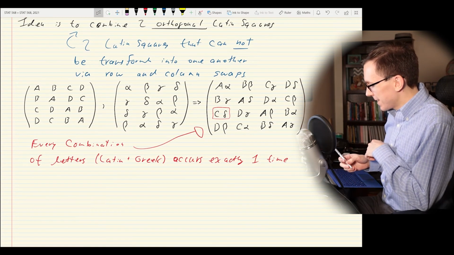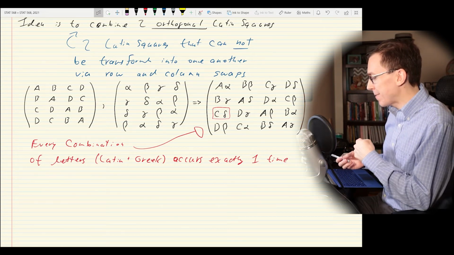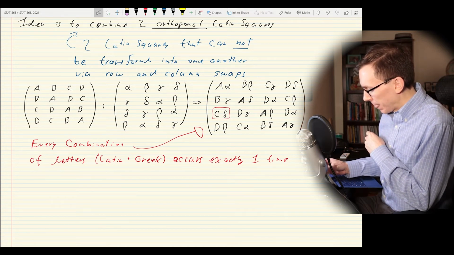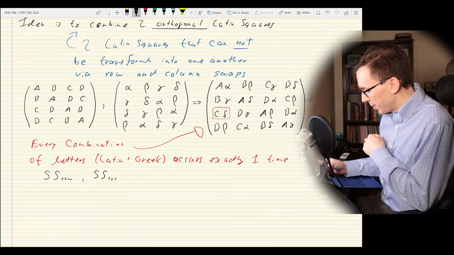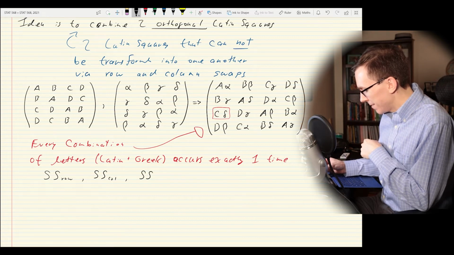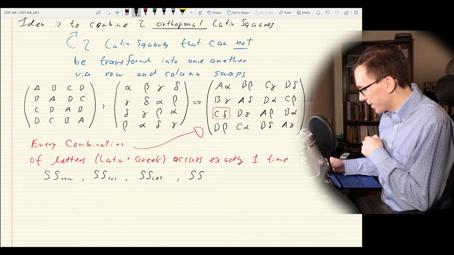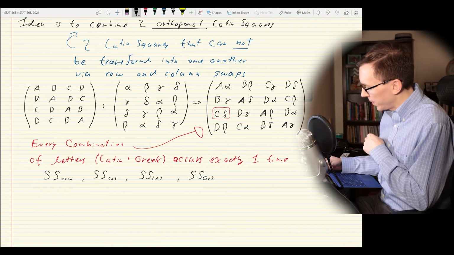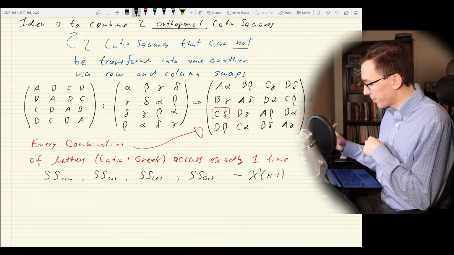Again, this is just one way that you can now cram another factor into your model, assuming that there's no interactions. You're going to end up with, let's say, an SS row, an SS column, an SS Latin for the Latin characters, and a sum of squares for the Greek characters, GRK. And all of these are going to have chi squared with k minus 1 degrees of freedom still.